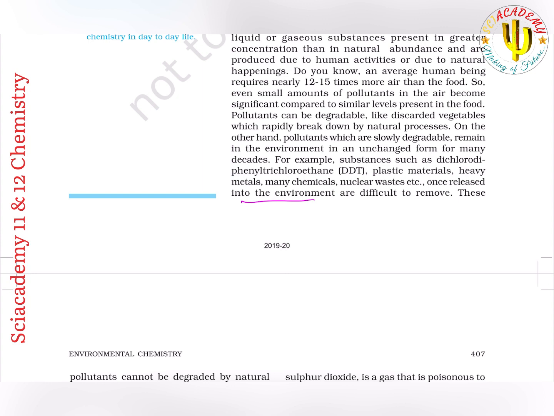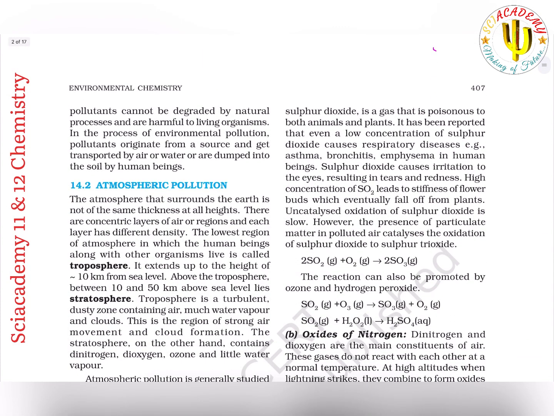These pollutants cannot be degraded by natural processes and are harmful to living organisms. In the process of environmental pollution, pollutants originate from a source and get transported by air or water or are dumped into the soil by human beings.